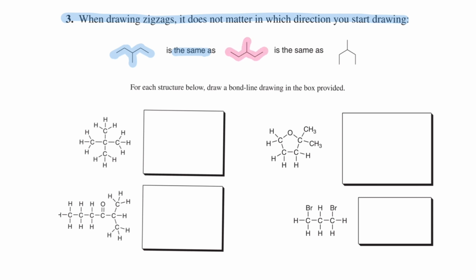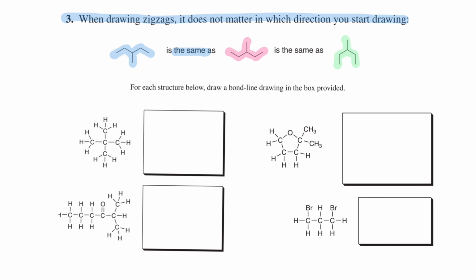Now I can draw like this also, 1, 2, 3. All these are correct representations, all are the same, or we can call them identical, whichever direction you start drawing this zigzag representation from.